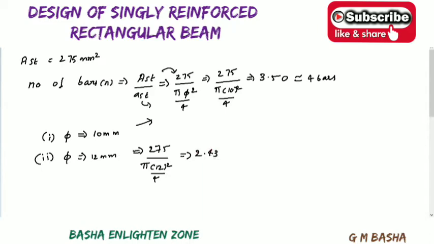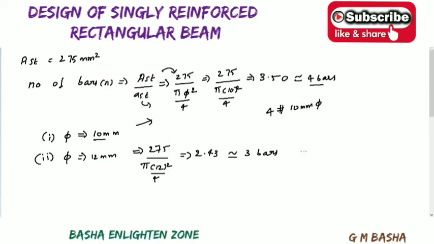So there is no 2.43 like that. Go to the next number, that is 3 bars. What is the conclusion here? If you are using 10 mm dia bar, provide 4 bars, means providing 4 bars of 10 mm diameter. Okay, 10 mm diameter bars.